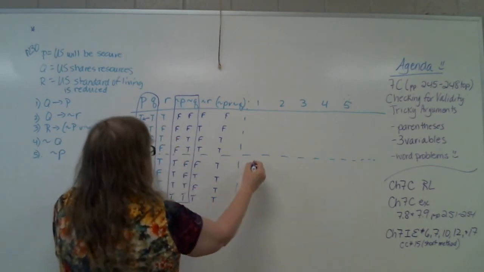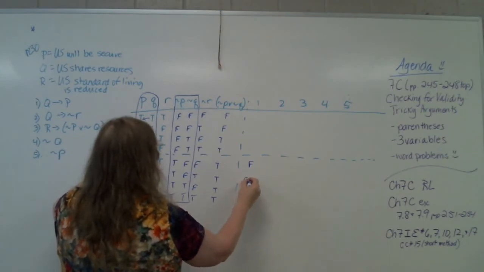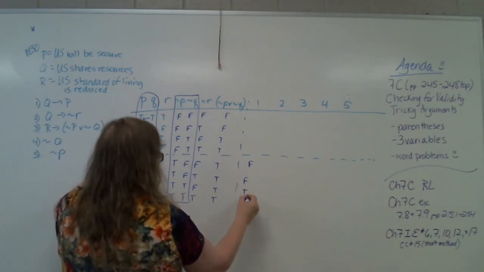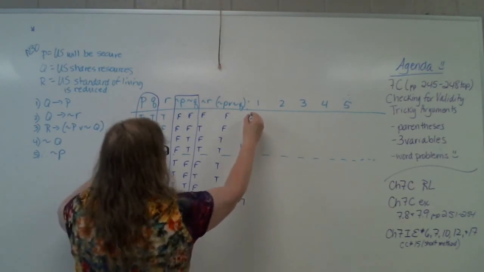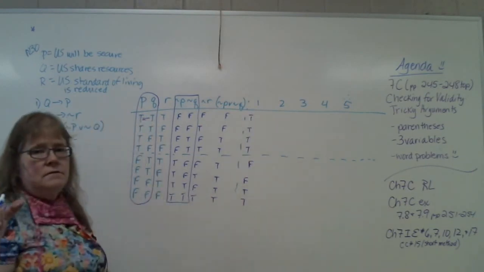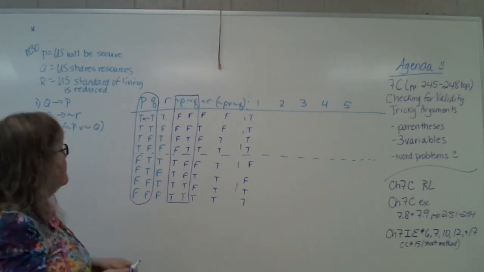Oh, down here. Okay, so I have a false here and a false here. Everybody else is true. Now you can check your little guides and it'll tell you the same thing, but that's how it works, okay?